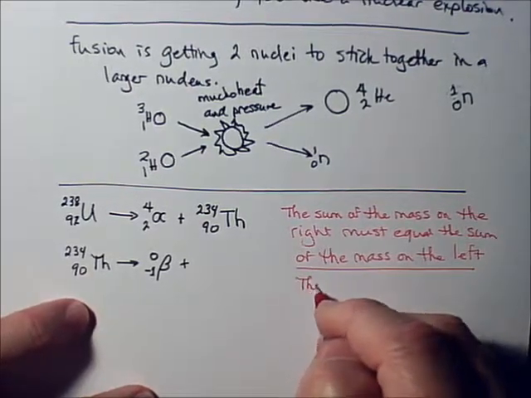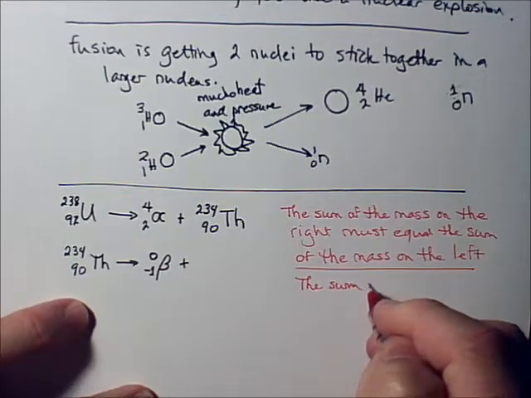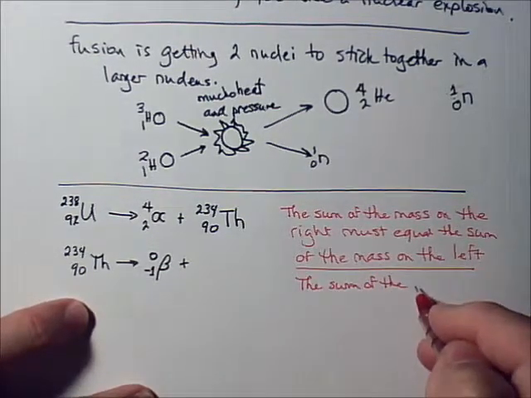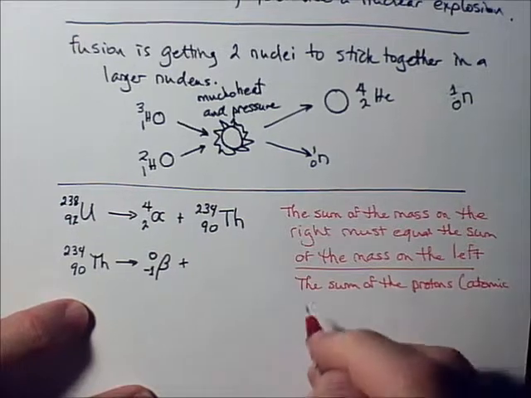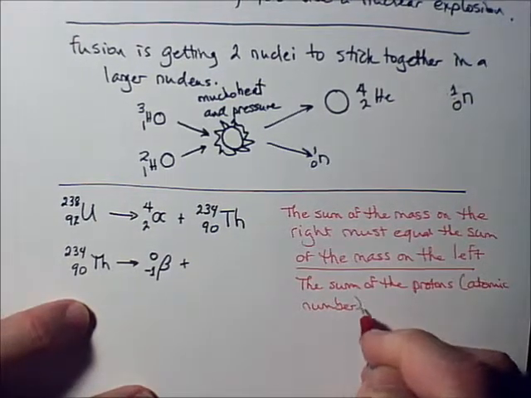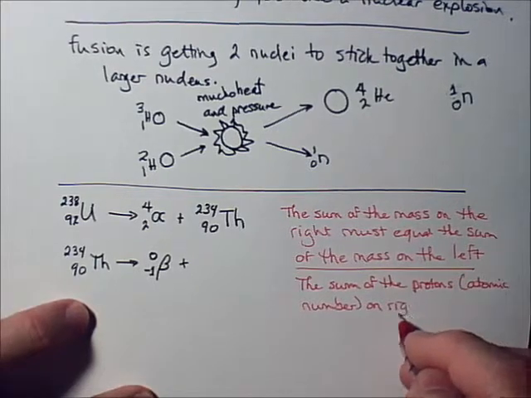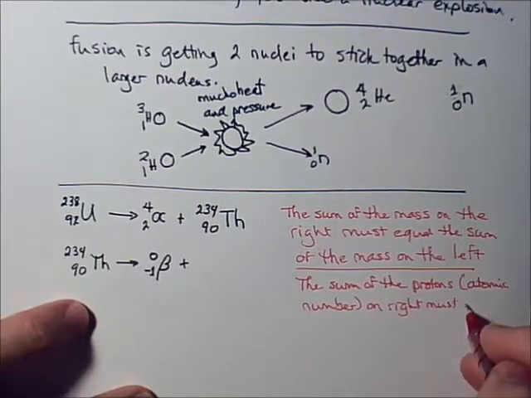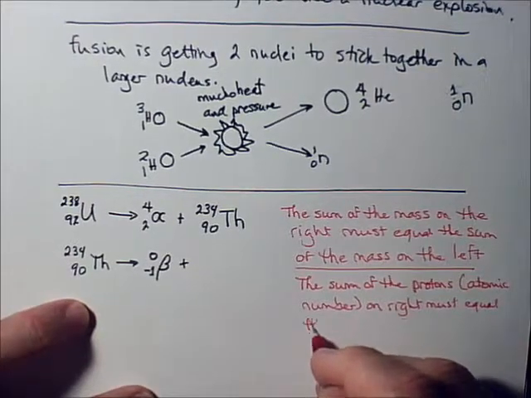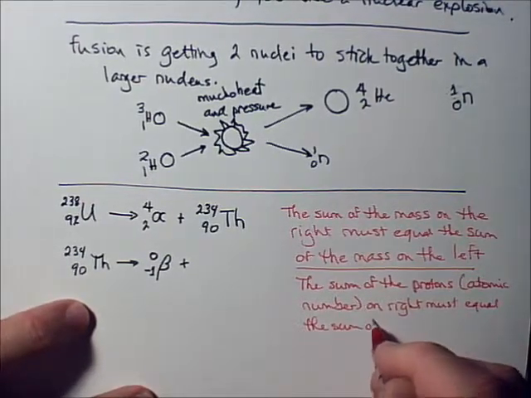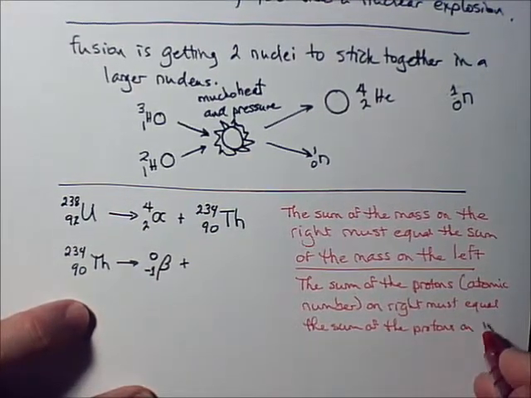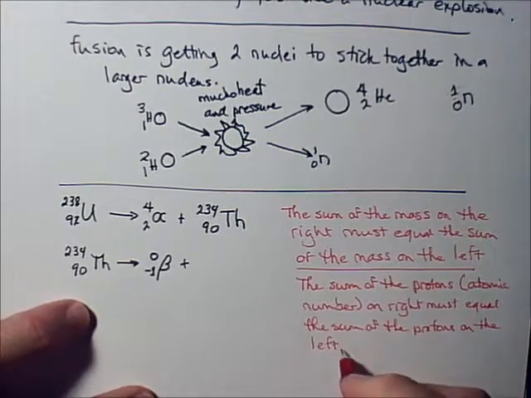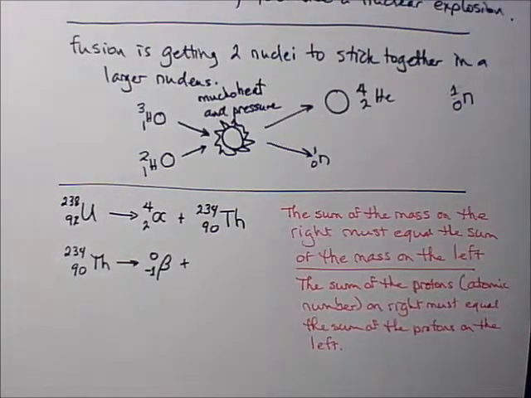Also, the sum of the protons, or atomic number, on the right must equal the sum of the protons on the left. So balancing nuclear equations really isn't hard if you can add and subtract.